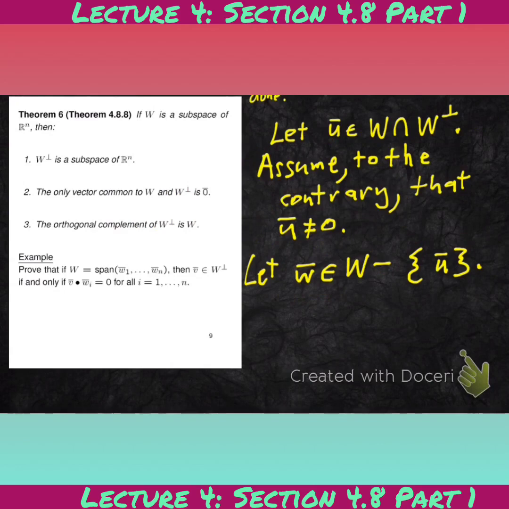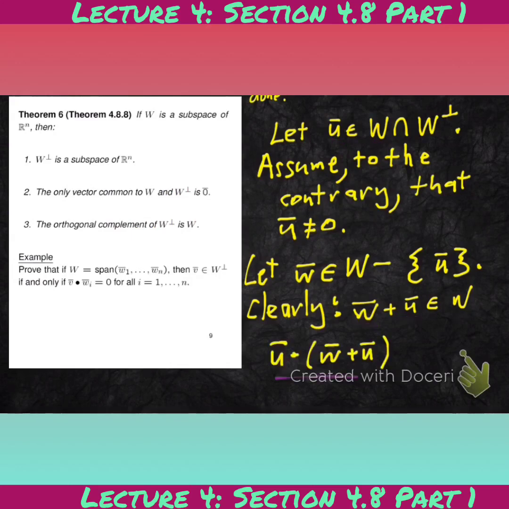All right, so let's take a vector w from W with the exception of the vector u bar. Now, because W is a subspace, if you add the vector w to the vector u bar, remember u bar is also in W, the sum is also in W.